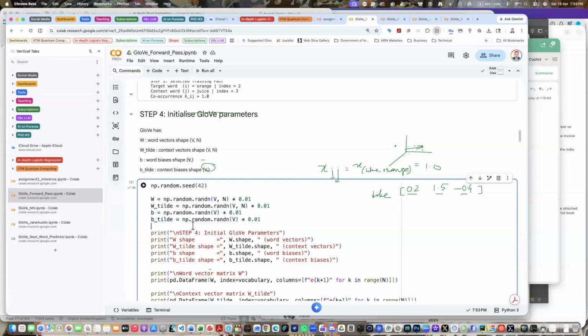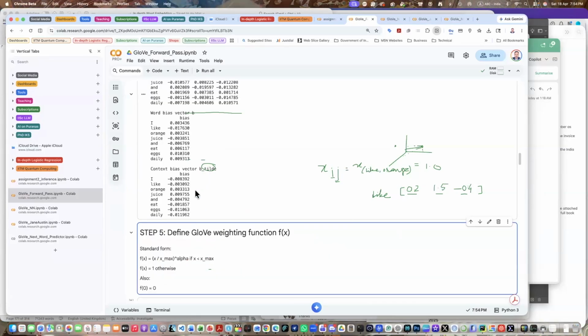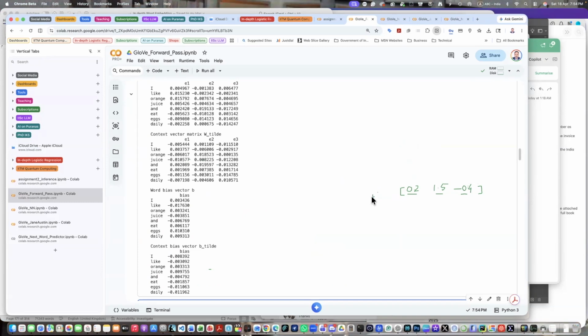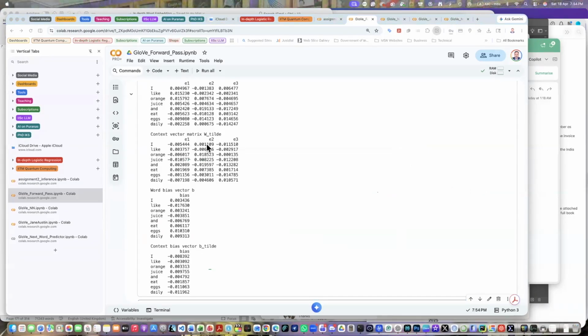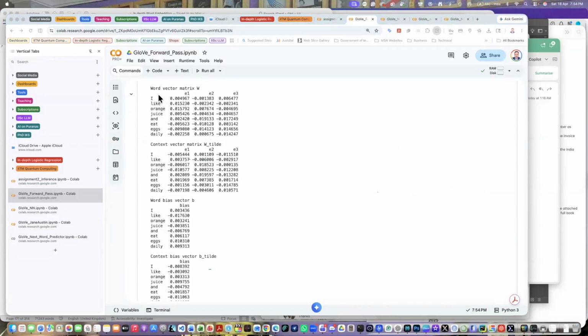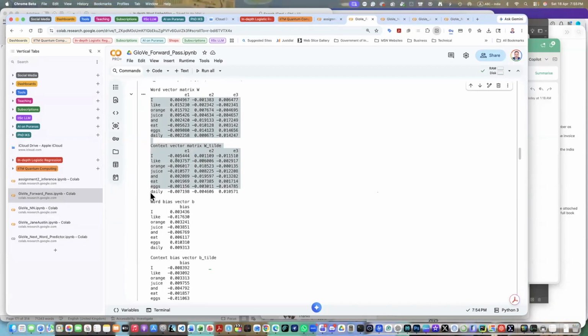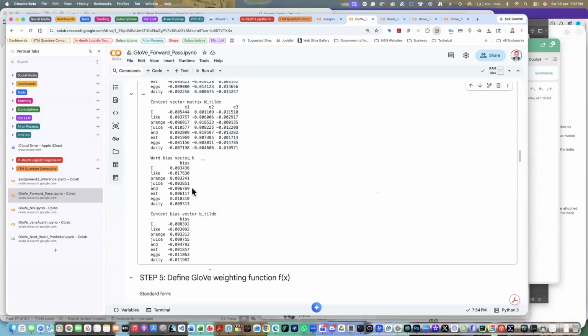I get some random values like this. Let me just clean the screen so that it's easy to understand. So these are random weights. Ultimately, whatever values I get for the W and W tilde matrices will form my embeddings. Right now, since I do not know, I'm initializing them to some random value.